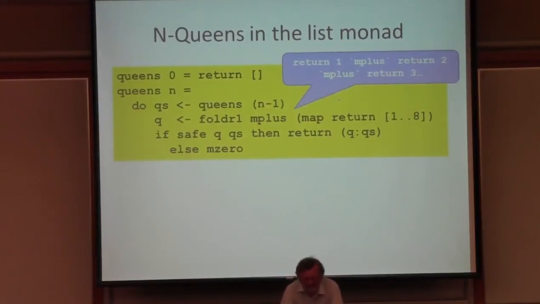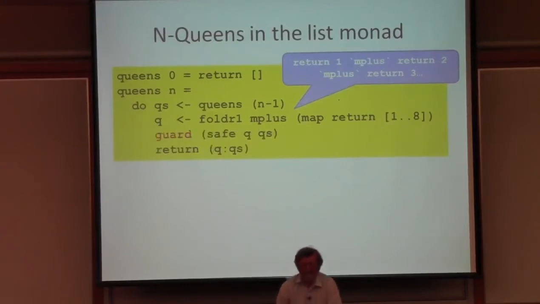So what you see here is I'm conditionally failing, and that's quite a useful thing to do very often. And so in fact there's a function in the monad library, guard, that just says, if the Boolean is true, then do nothing or return the empty tuple, otherwise m0, fail. So that I can rewrite the code a little more concisely like this.